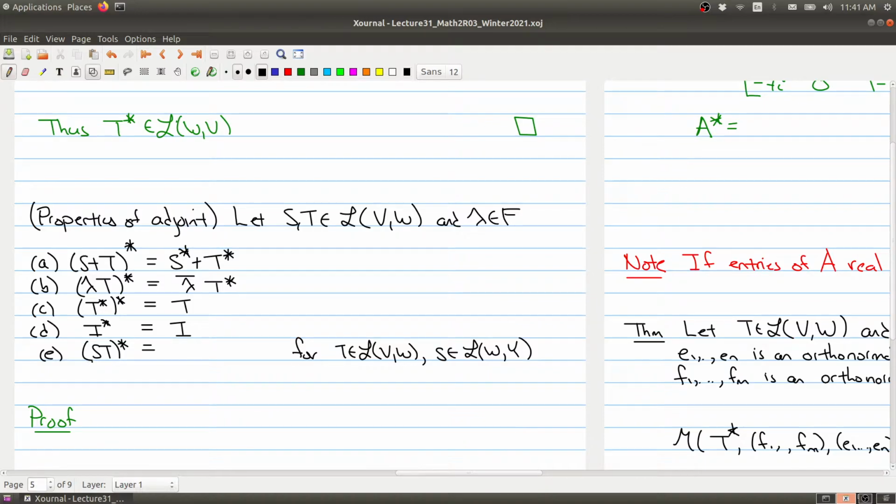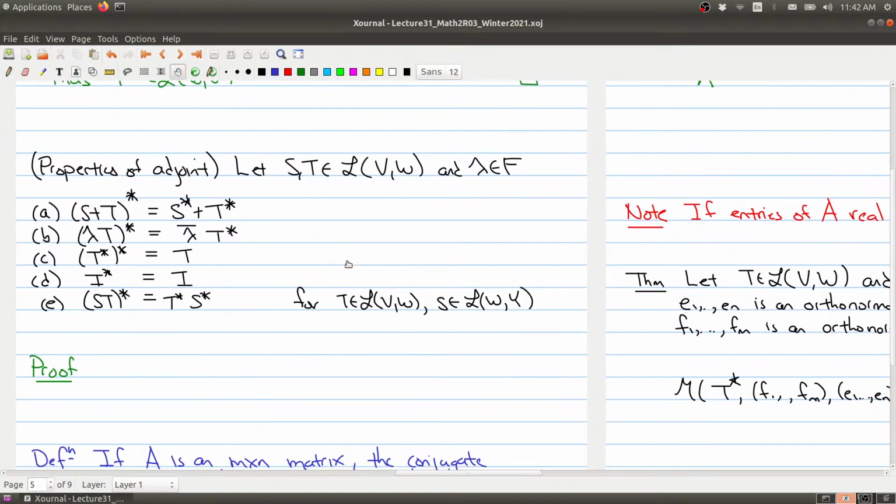And lastly, if you take a composition of functions, if you first do T and then do S and take the adjoint, that's the same thing as first taking the adjoint of S and then composing it with the adjoint of T. So this is for any T that goes from V to W, and S any linear map that goes from W to Y.